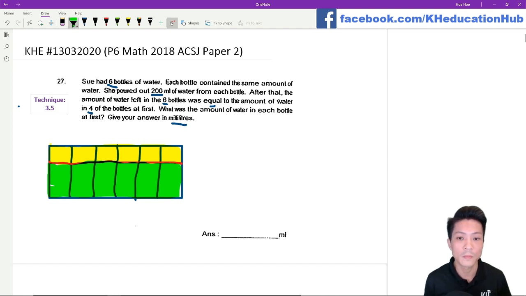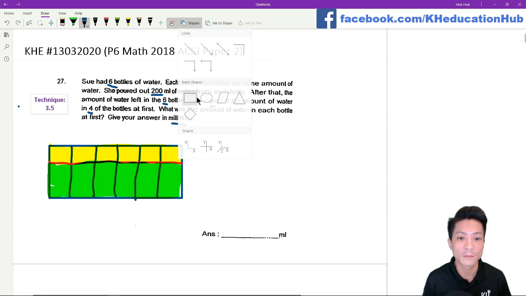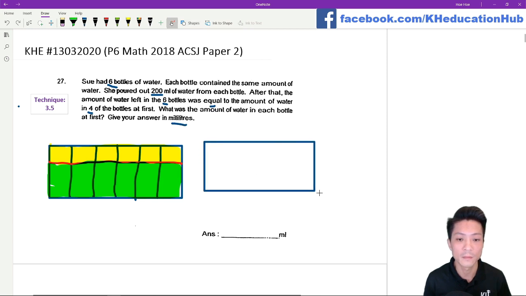Okay, so now the amount of water left in 6 bottles was equal to the amount of water in 4 of the bottles at first, which means that now I'm going to draw another model which is also the same 6 bottles. Here, again, cut it into 6 bottles.